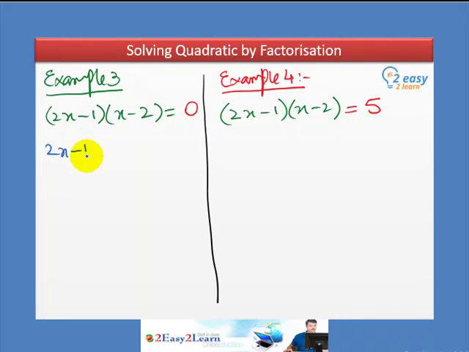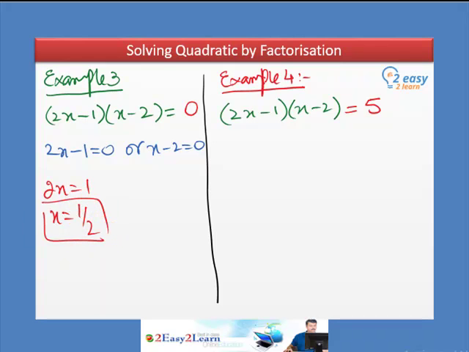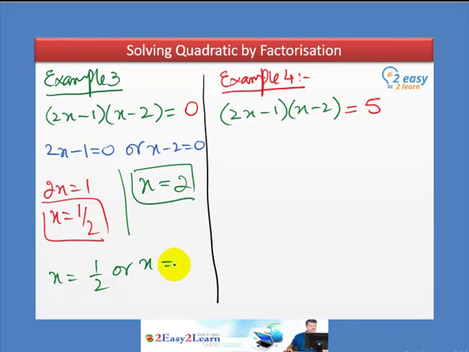So 2x minus 1 is equal to 0, or x minus 2 is equal to 0, and you will get your answer. Rearrange this factor, 2x is equal to 1 and x is equal to 1 by 2. This is your first answer. And now shift 2 to the right side, and this is the second answer. So you have x is equal to 1 by 2, or x is equal to 2.